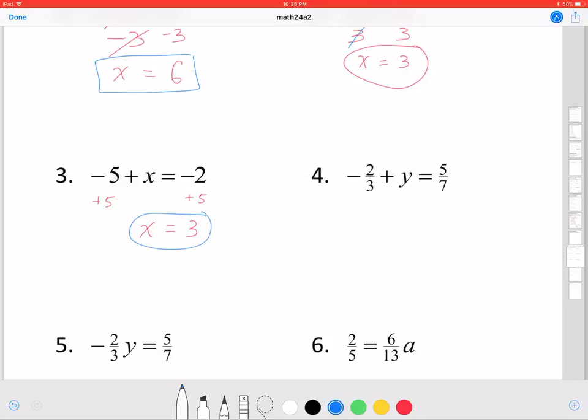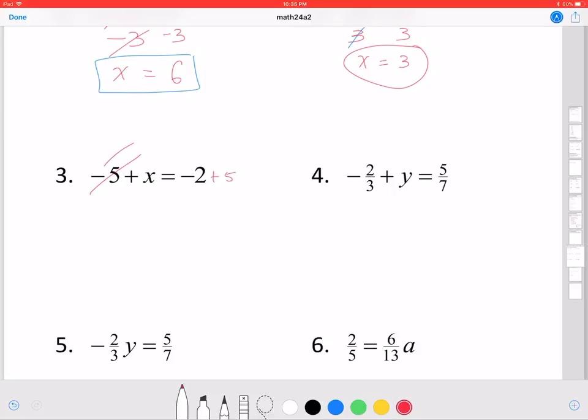Okay, before we move to another problem, I want to show you the same problem in a slightly different way. So I'm going to erase what I wrote. Instead of adding 5 on both sides, there's a little quicker way. I can take away this negative 5, just cross it out, and do the plus 5 on the other side.